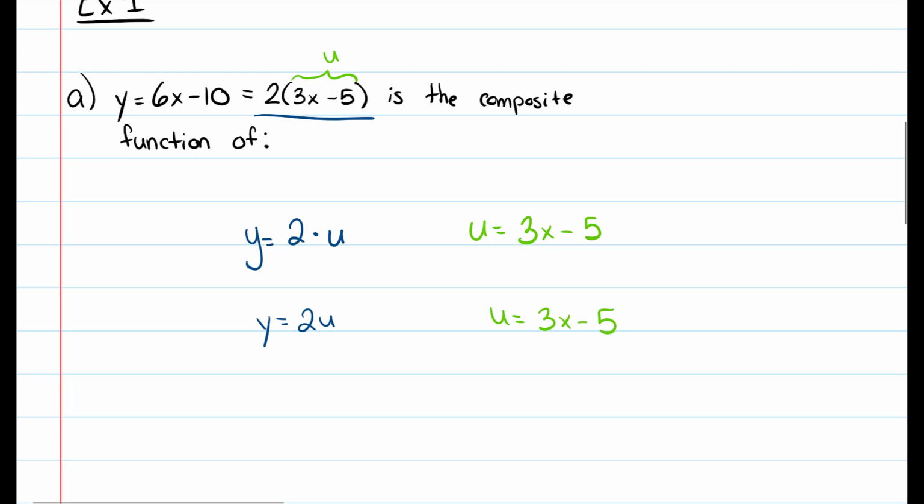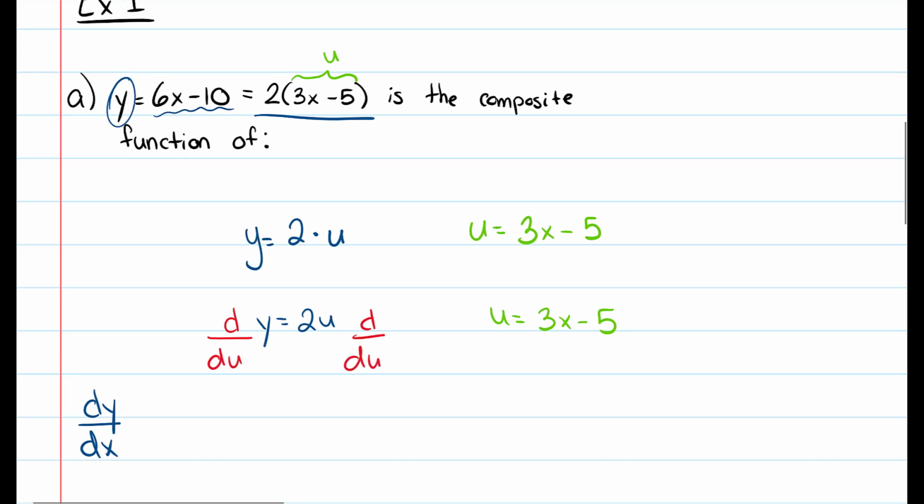And now I'm going to take the derivative of both. Notice that in the very beginning of my equations, I have y equals and then something with an x. So my goal is to get dy dx. If I take the derivative of the first one, I have to take the derivative with respect to u.